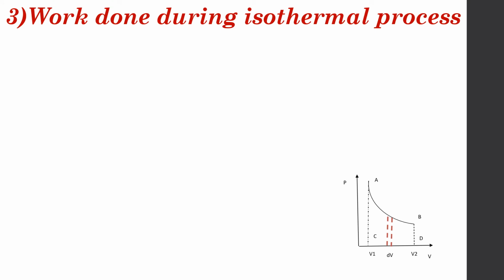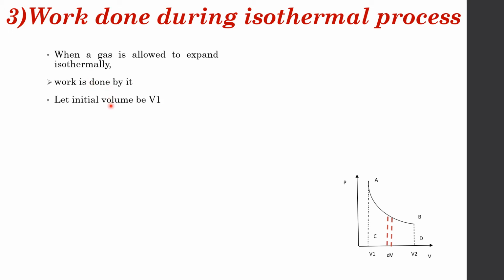Third application, work done during isothermal process. When a gas is allowed to expand isothermally, the work is done by the gas. Let the initial volume be V1 and the final volume be V2. You can see that in this diagram, V1, V2.